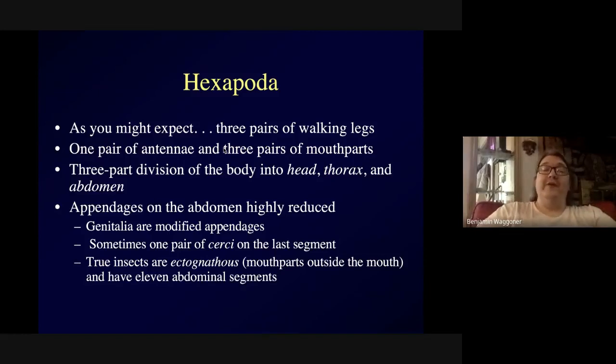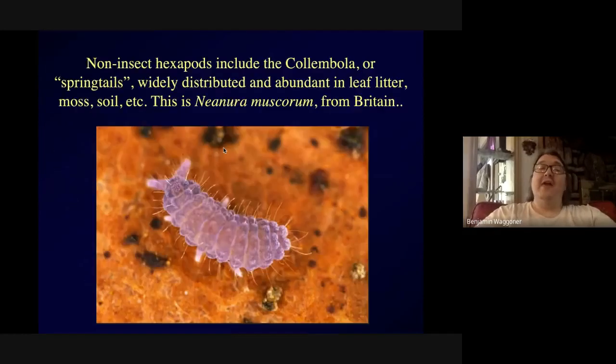True insects have mouth parts outside the mouth and have exactly 11 abdominal segments. And there are hexapods that are not insects that have mouth parts inside the mouth and don't have exactly 11 segments. The one that you're likeliest to have seen is the collembola, affectionately known as springtails.